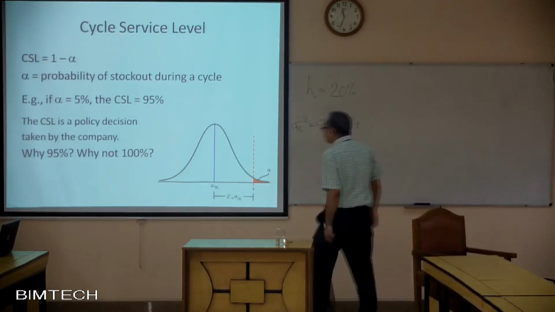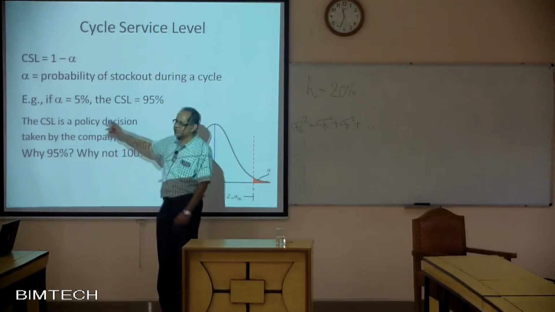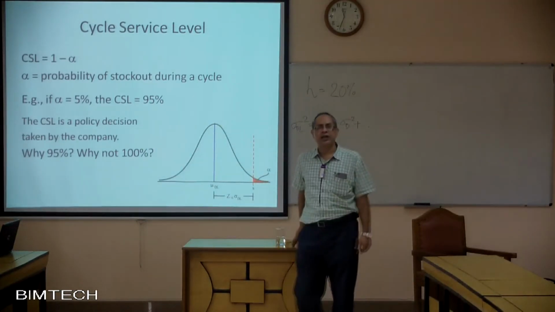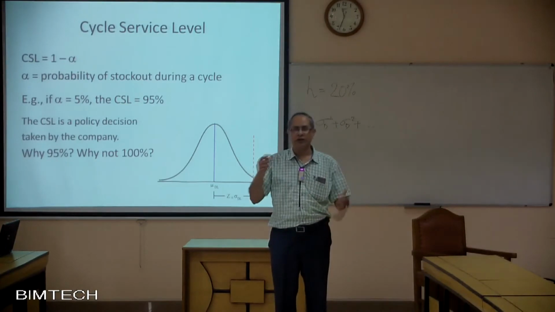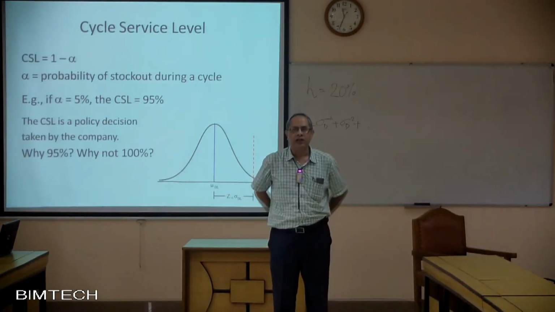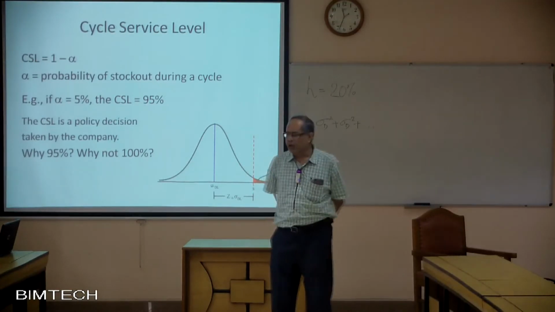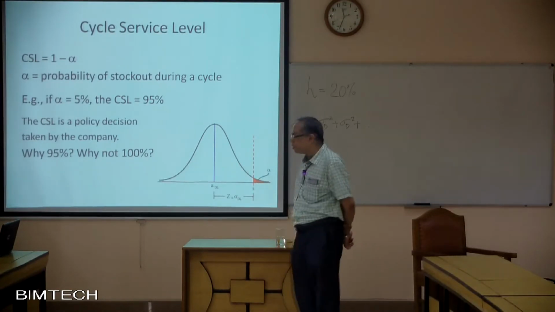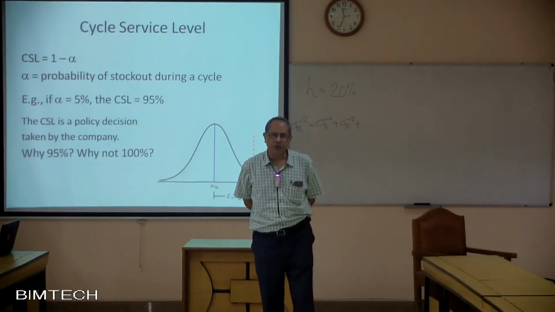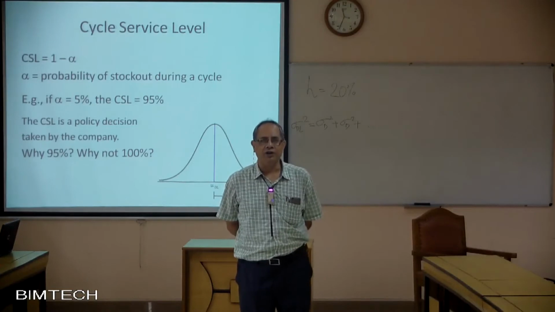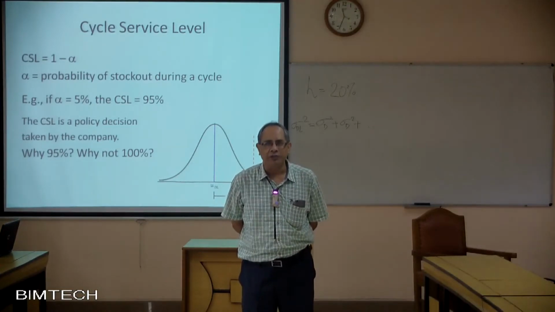Okay, good. Now, what is CSL? CSL is a policy decision. The company has to decide, the top management or whoever, what their target CSL is. Why can't it be 100%? After all, which company would say that they don't meet 5% of the demand or 2% of the demand or 10% of the demand?